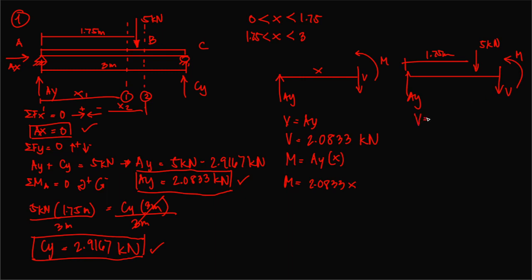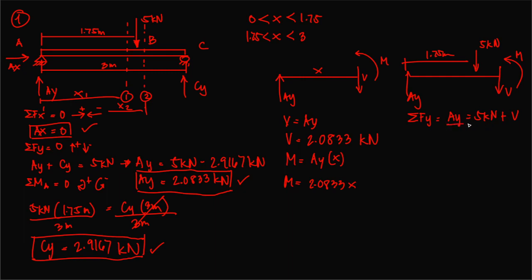So to find the shear first, we will be using the summation of forces Y. AY is equal to 5 kilonewtons plus V. And then we all know what AY is, so we can easily solve it.